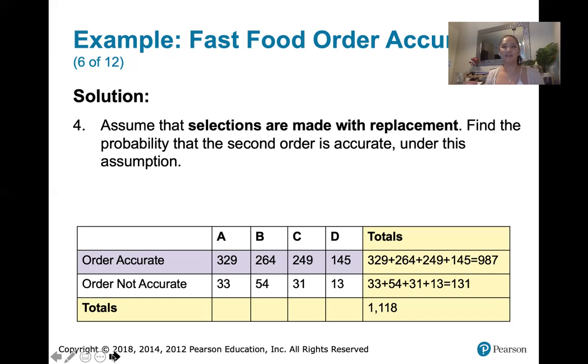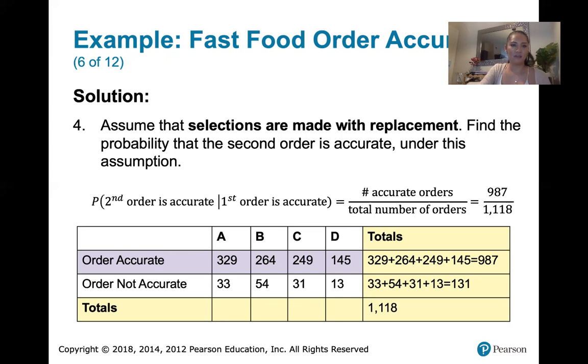When they say assume selections are made with replacement, what they're saying is you want to put that order back in before you find the probability that the second order is accurate. So if there were 1,118 orders with 987 that were accurate, and you pulled one out, then you want to find the probability that the second order is accurate, given that the first order is accurate.